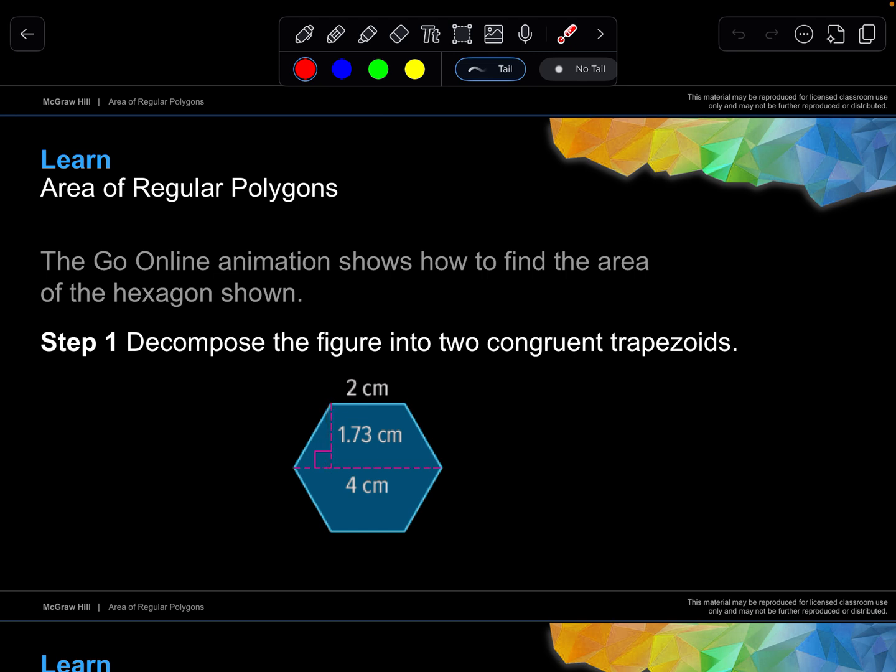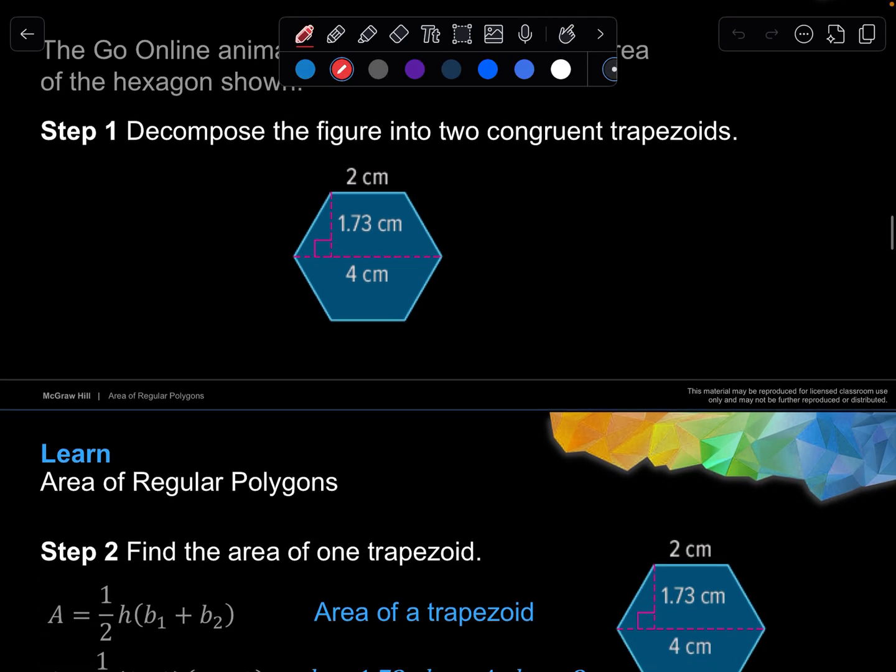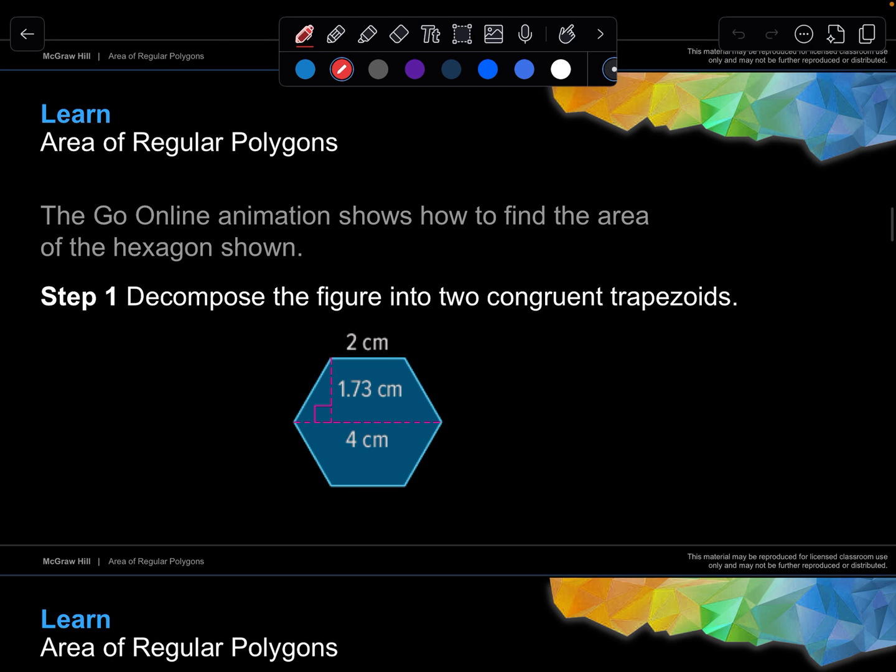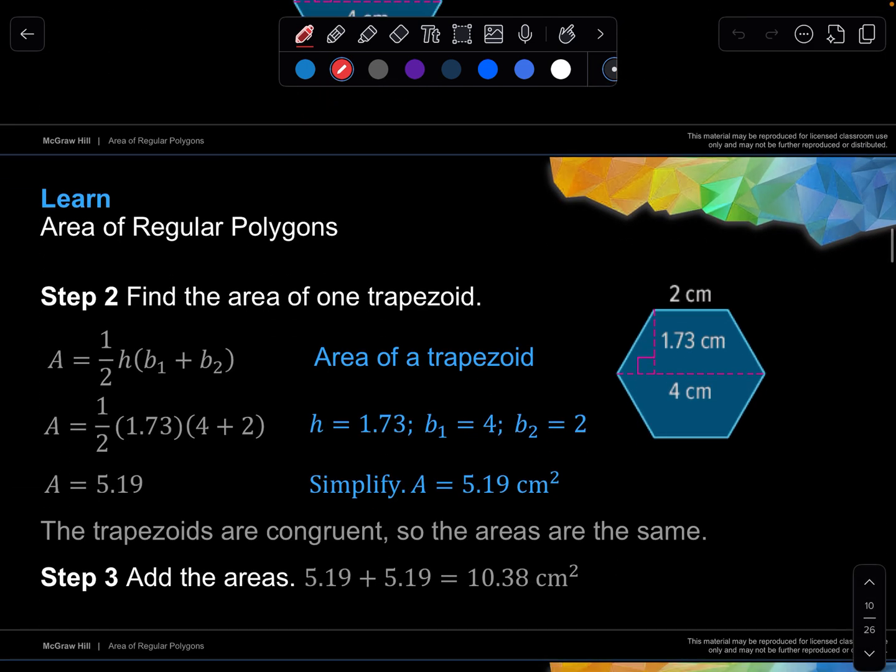So how do we find the area of a trapezoid? What is it that we know about finding the area of a trapezoid? It is one half h times b1 plus b2, where b1 and b2 are the two bases. So our first base b1 is 2 centimeters, and our second base b2 is 4 centimeters, and our height is 1.73 centimeters.